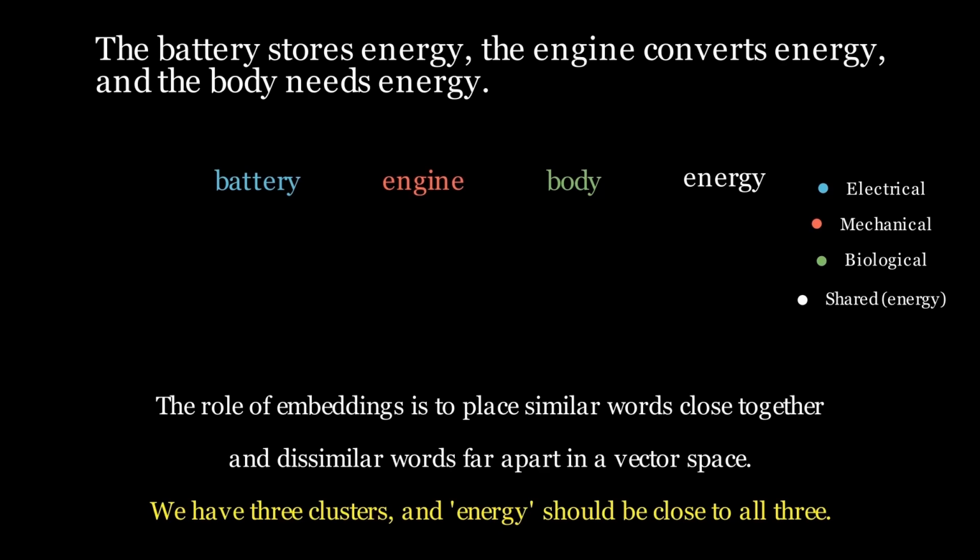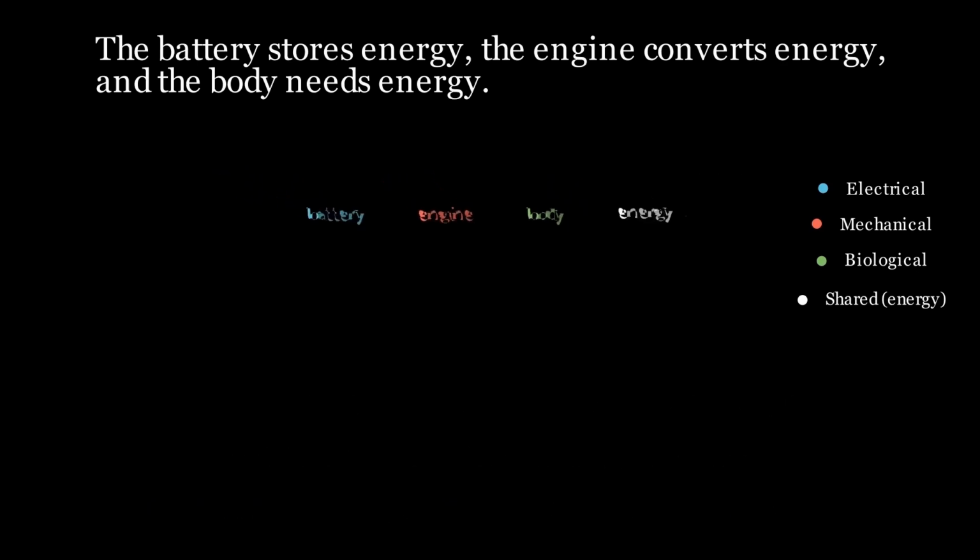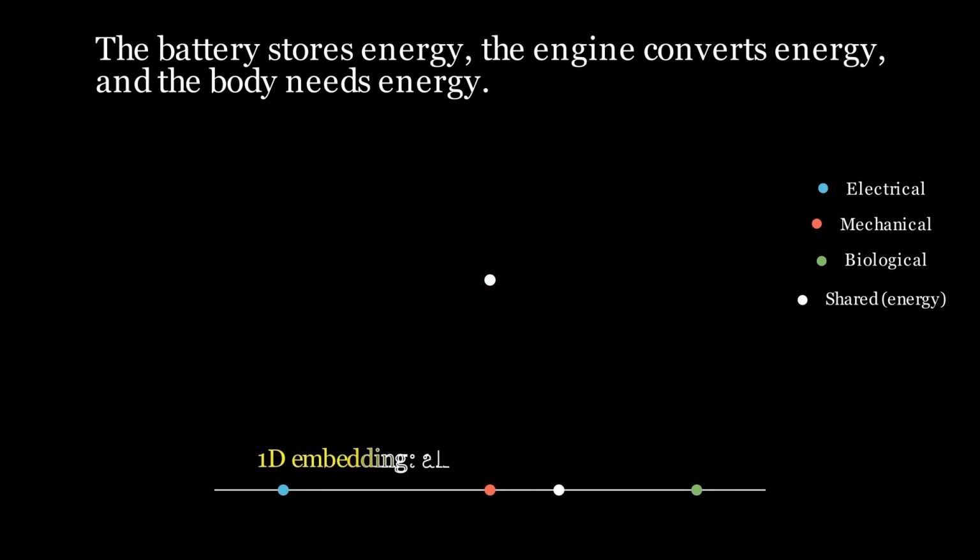In this example, we have 3 semantic clusters, and the word energy appears in all of them. The embedding should place energy close to every cluster. Now let's see what happens when we try to do this in one dimension.